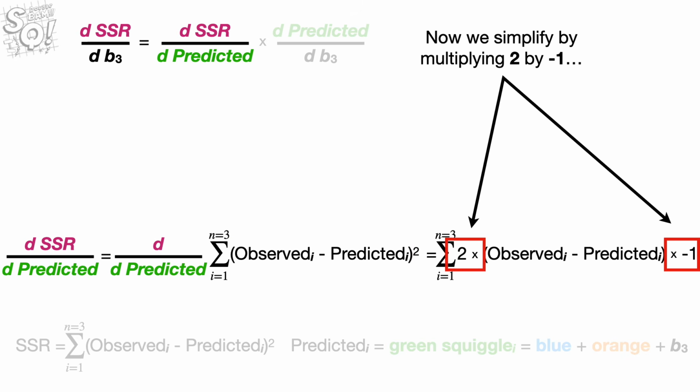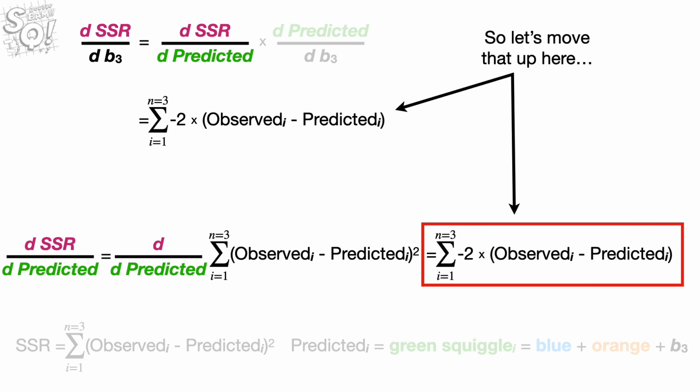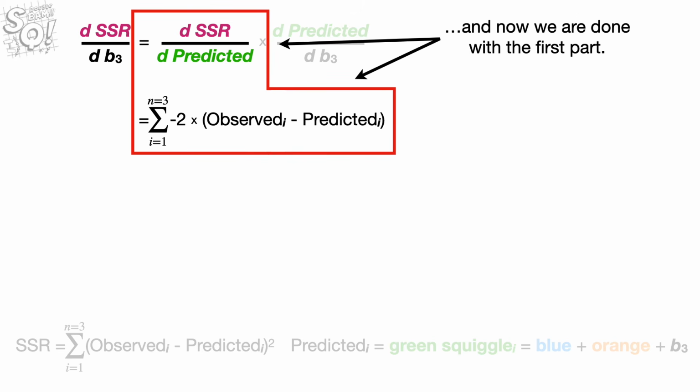Now we simplify by multiplying 2 by -1. And we have the derivative of the sum of the squared residuals with respect to the predicted values. So let's move that up here. And now we are done with the first part.